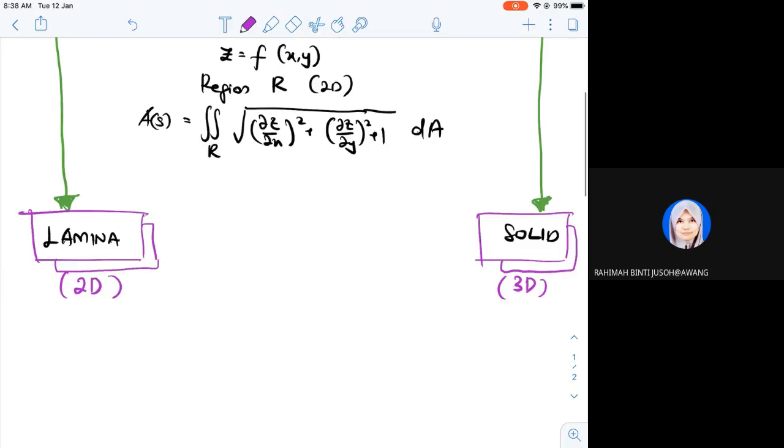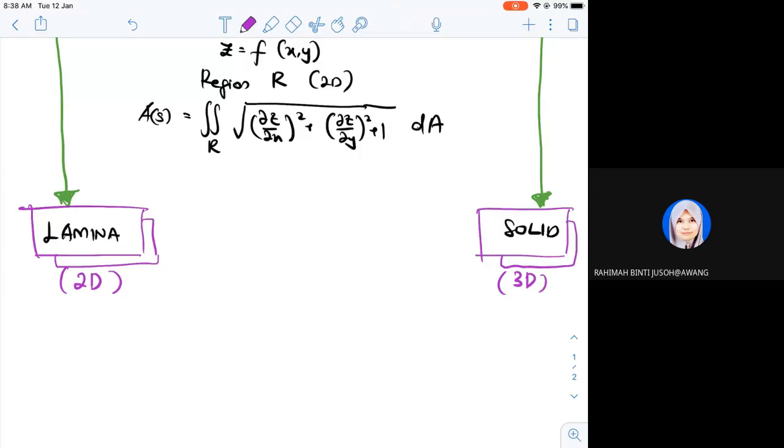Okay, so there are 2 main cases that you have to look at. So for example, lamina, we have like tissue. Okay, a sheet of tissue, very thin. That is an example of lamina, a very thin object.